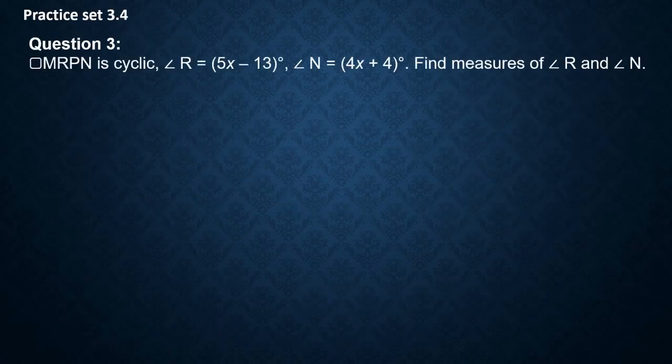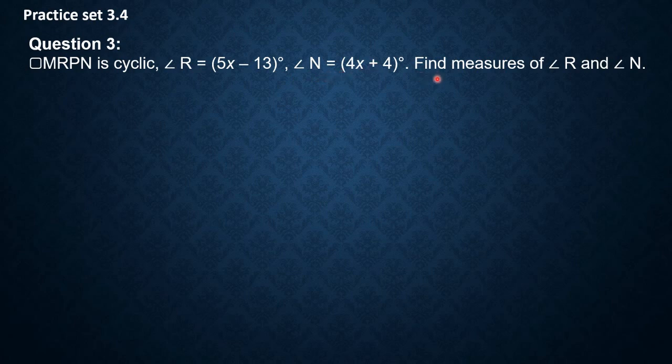Let us move to the next sum, practice set 3.4, the third sum. In the question, it is said, quadrilateral MRPN is cyclic. Angle R is given as 5x minus 13 degrees. Angle N is 4x plus 4 degrees.